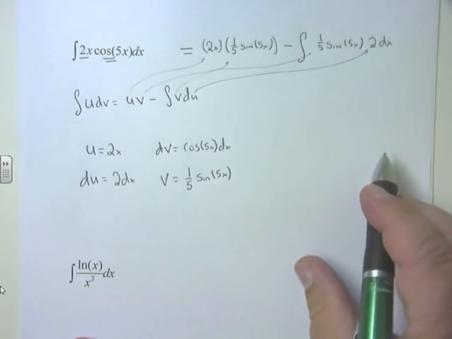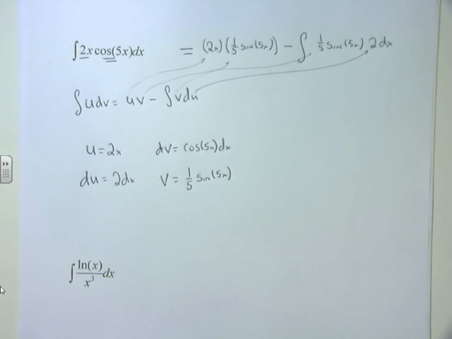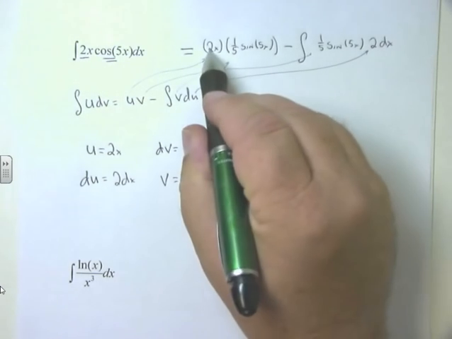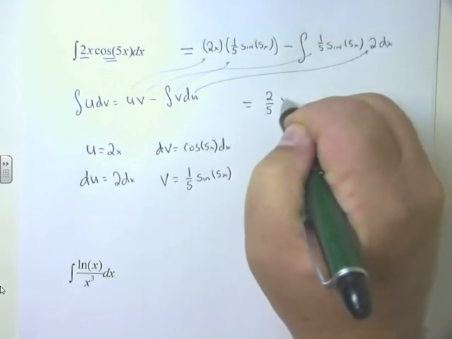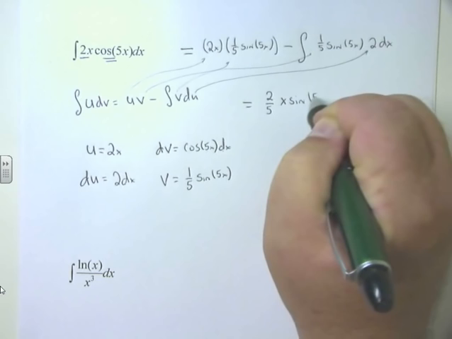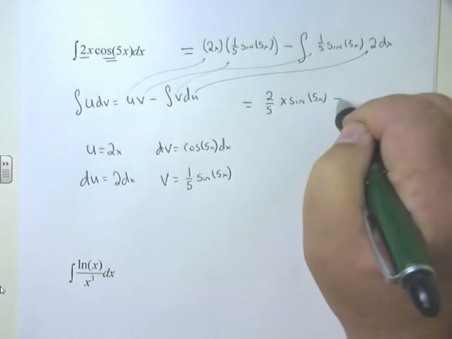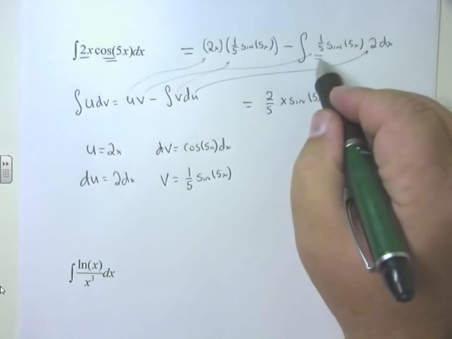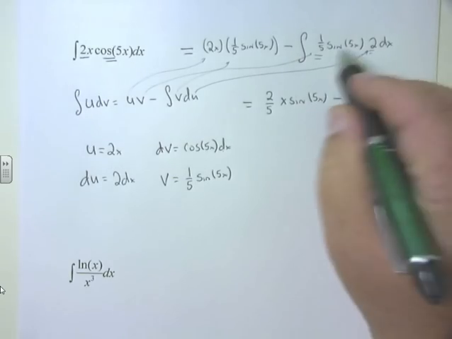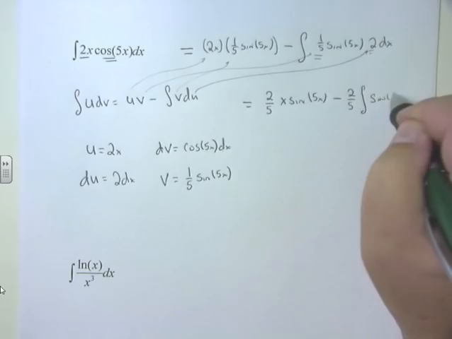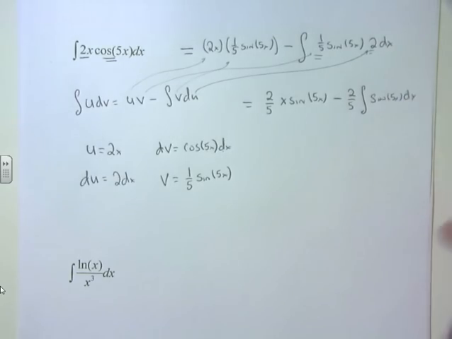So literally you plug into them. You don't manipulate constants, you literally just plug them in and then clean it up. Well, 2 times 1/5 is 2/5. That'll be 2/5 x sine 5x minus, pulling my constant out front, the constants are 1/5 times 2, that would be another 2/5, the integral of what's left, the sine of 5x dx.